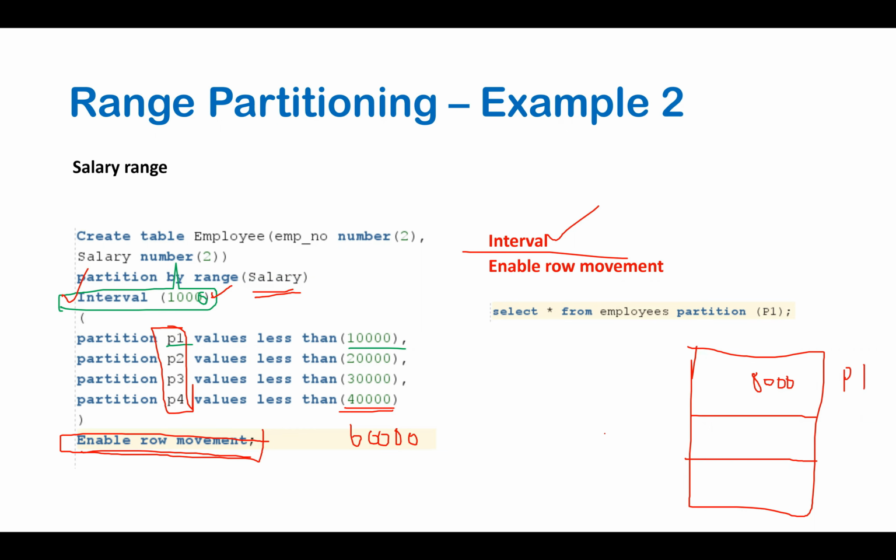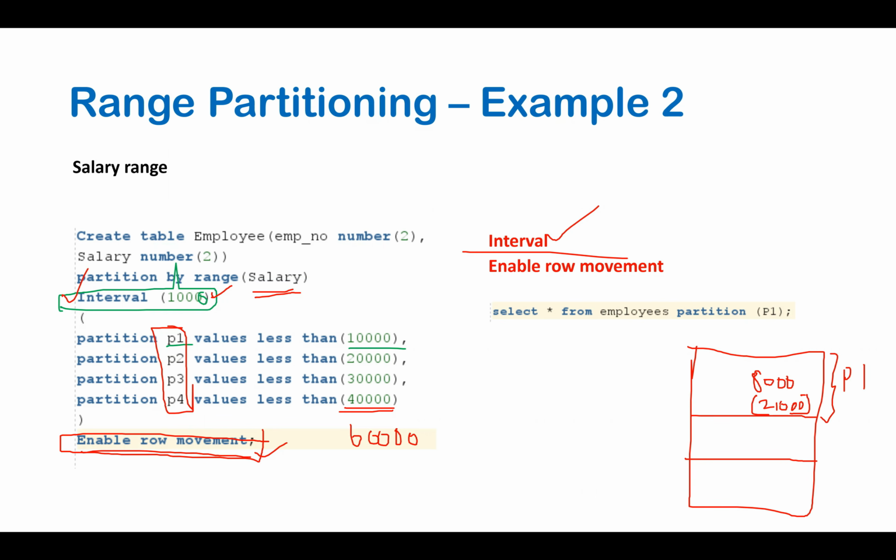But you are updating this particular record sometime later. See, if you haven't enabled row movement, what will happen? If you are updating this salary from 8,000 to some 21,000, you assume that particular record gets updated. If you don't mention enable row movement, this record will still be in P1.